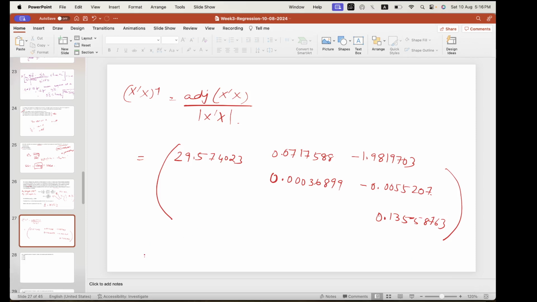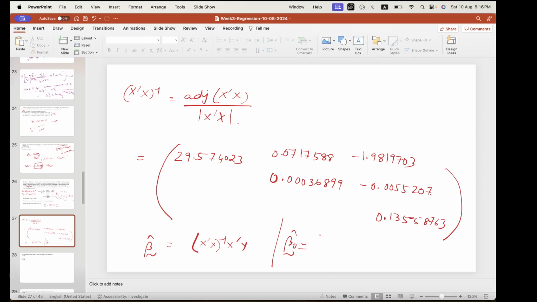Now if we calculate this beta hat, then it would be this x prime x inverse into x prime y. Okay, and beta naught hat would be first row multiplied by first column.